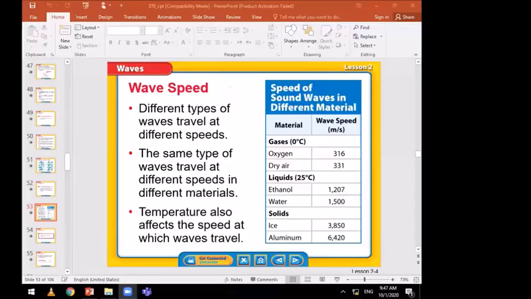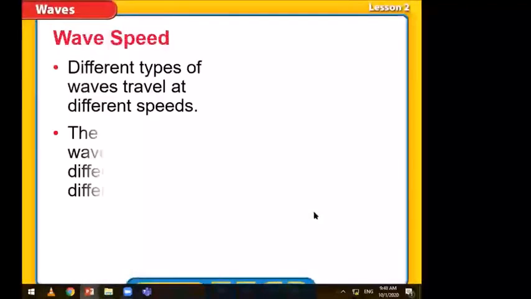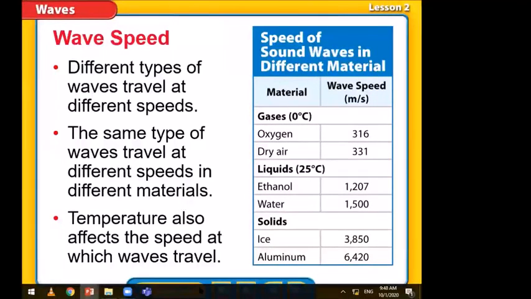Do you get what I was talking about? Wave speed differs from one state of matter to the next.